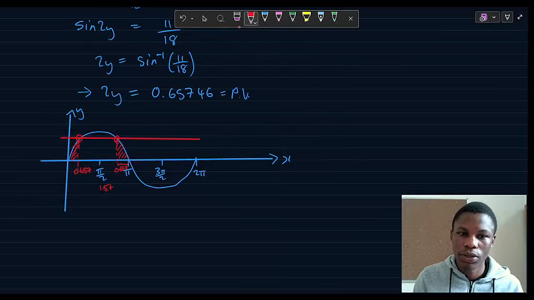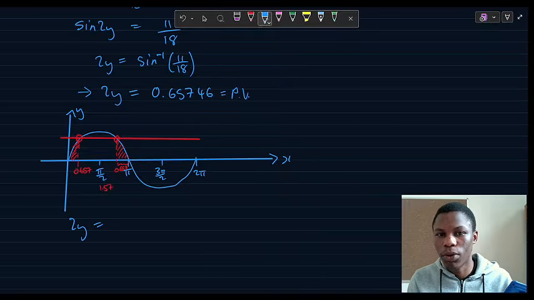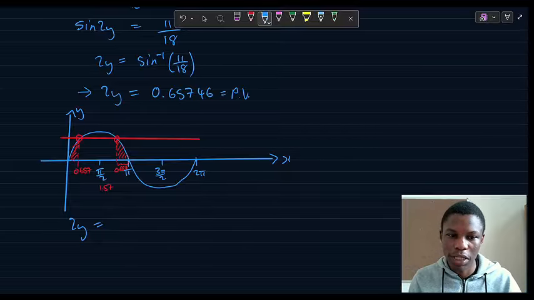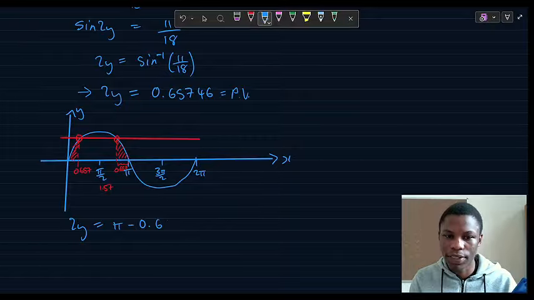So I can say my other solution, which is in the form of the principal value. The principal value is in the form 2y, so my solutions will also be in the form 2y. And then I'm saying pi minus the 0.657.